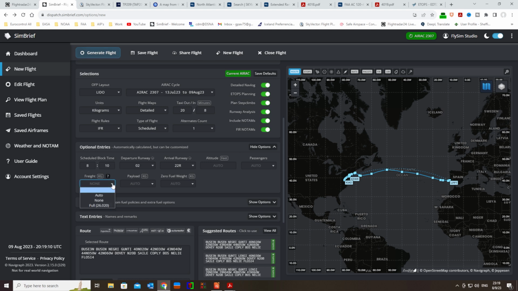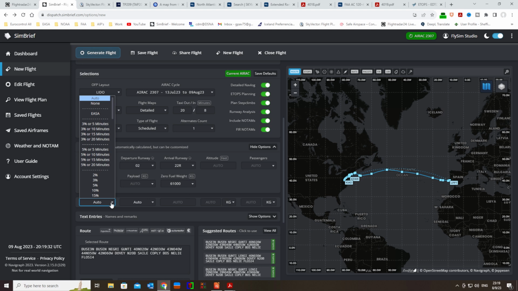Okay. So let's see. Let's say that. Okay, maximum zero fuel weight is 7566. Let's go with 61 tons. Let's see how that will go.